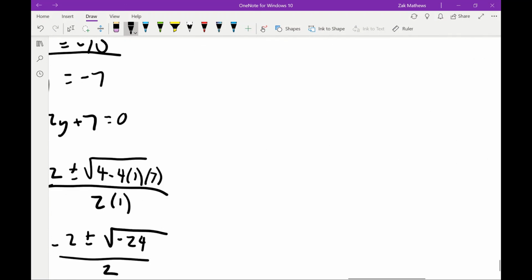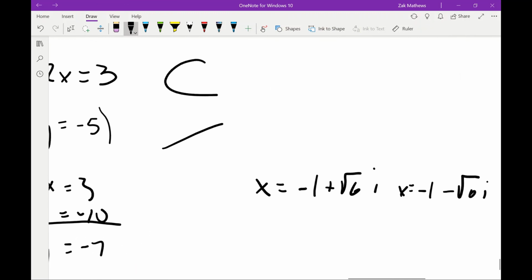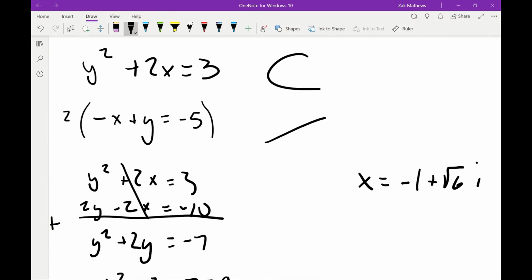I have two x's. I now need to go and get the y's associated with those. I have two equations. I'm going to plug into the more restrictive equation, being the linear equation. And I think to solve for y, it'd be easiest just to go and solve for y here too. So I'm going to add that x over to the other side. y is equal to x minus 5.